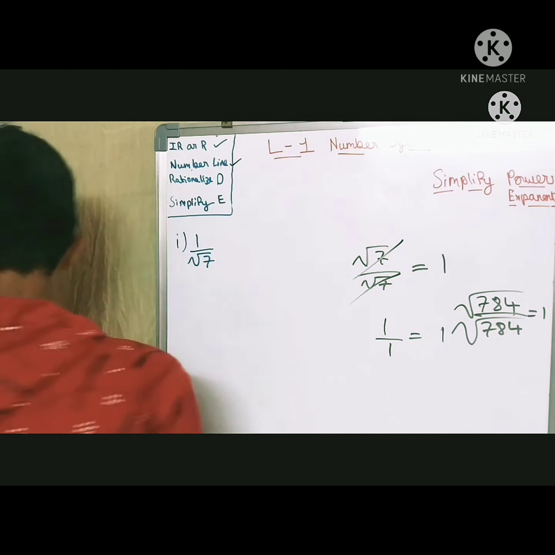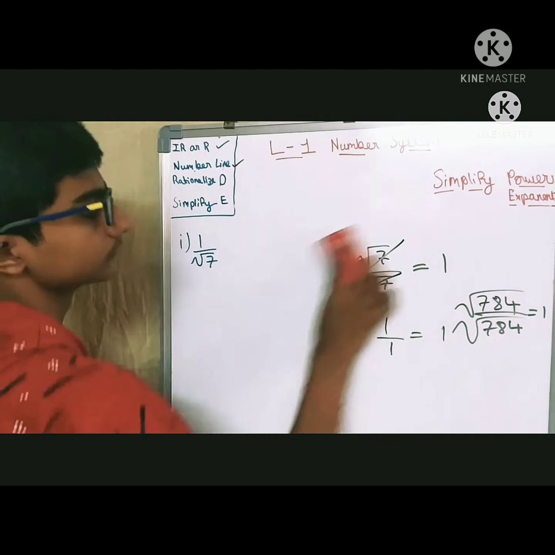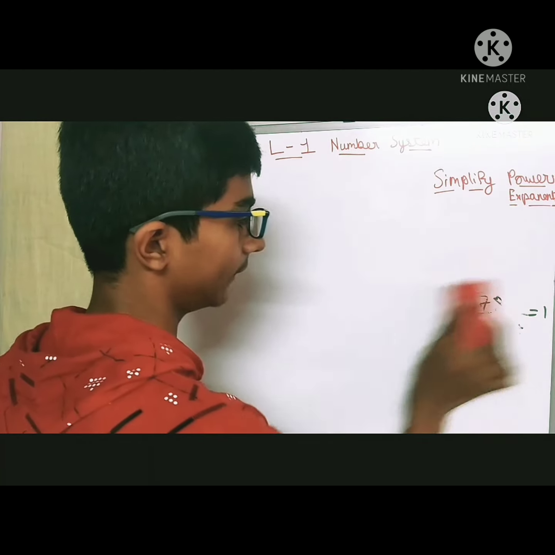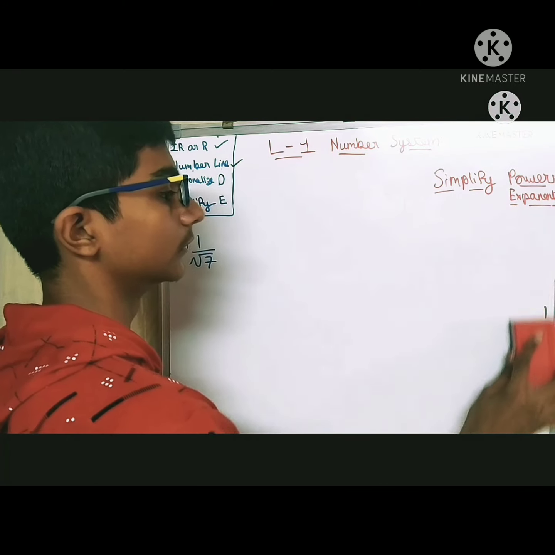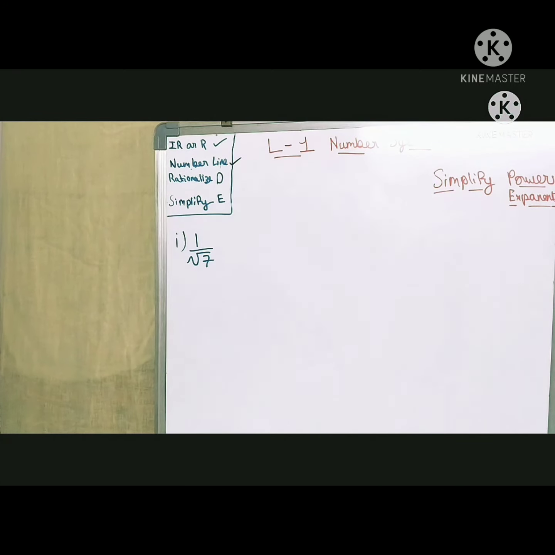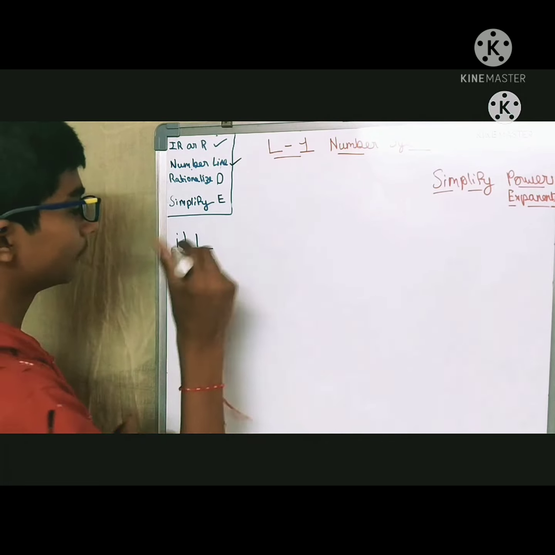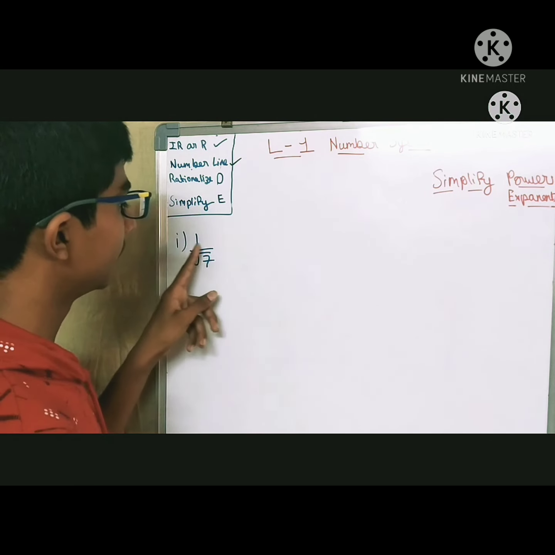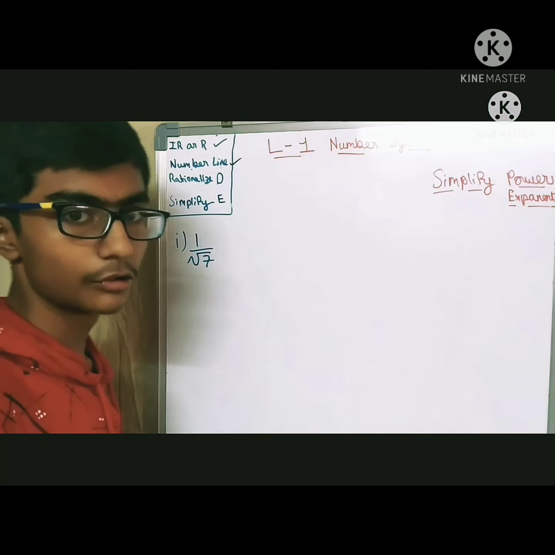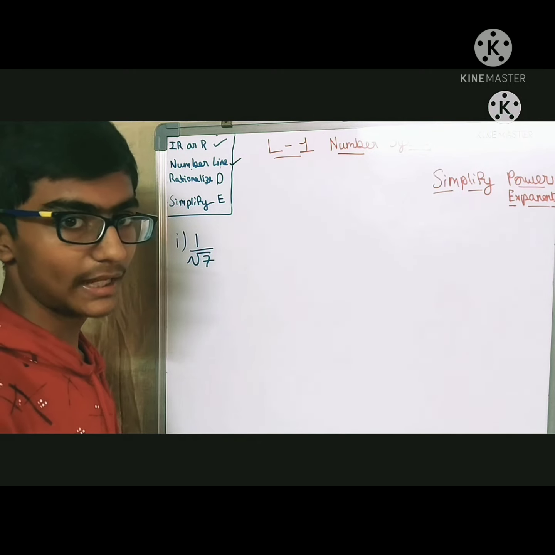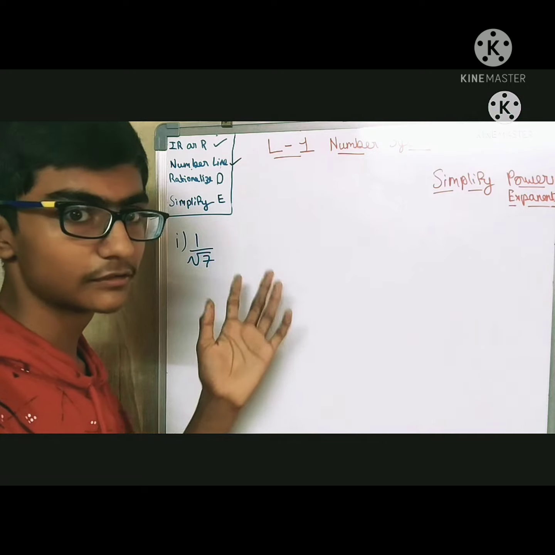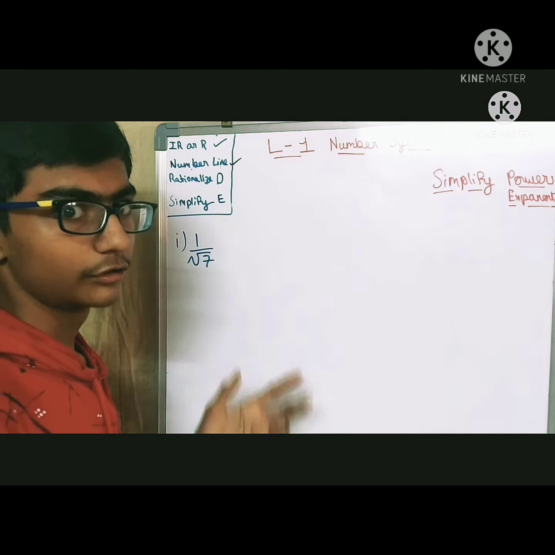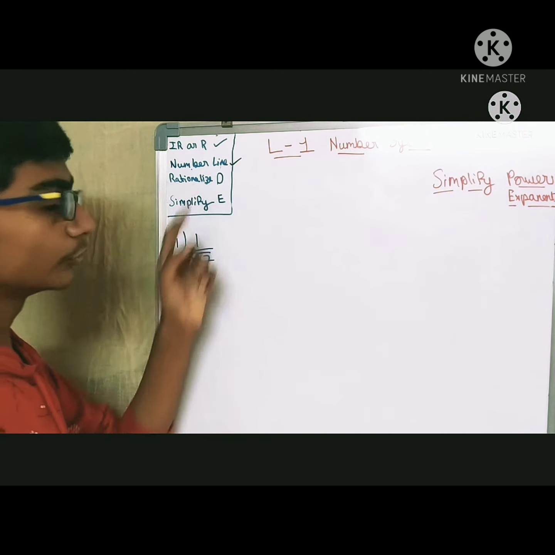So here we have to do that same thing that I just wrote. You have to take the denominator. Remember, you have to rationalize the denominator. The numerator does not matter. The numerator should be there, but it does not matter whether it's irrational or rational. We have to rationalize the denominator.